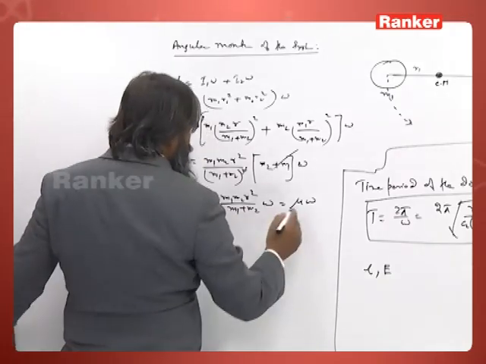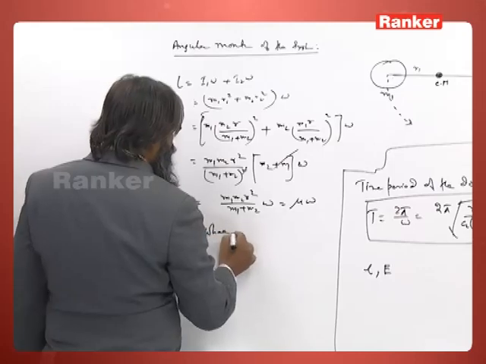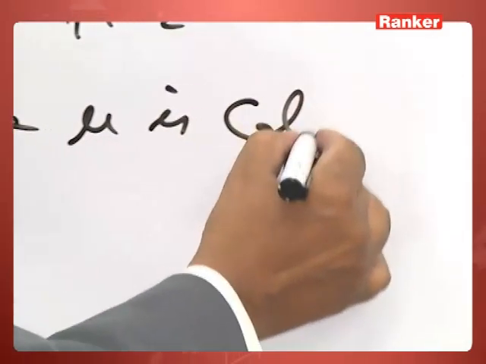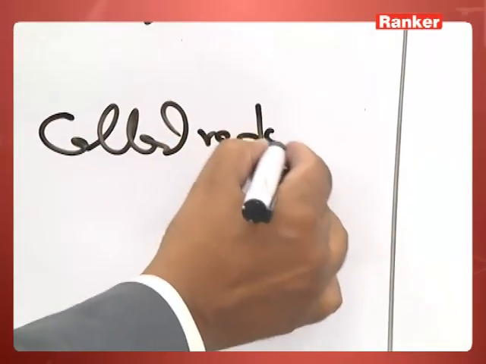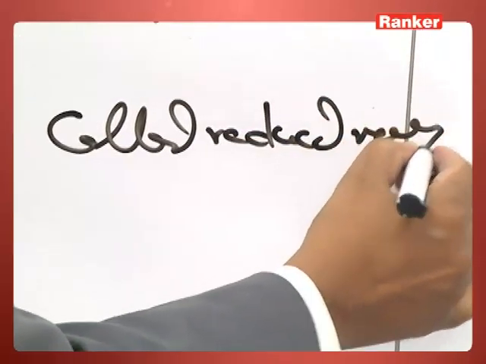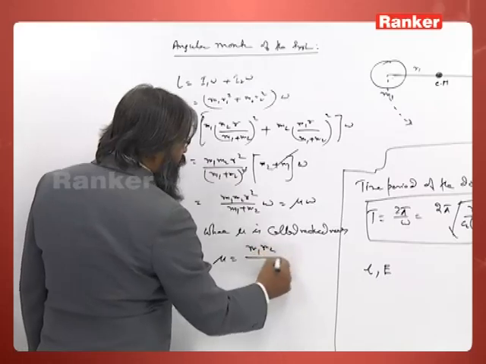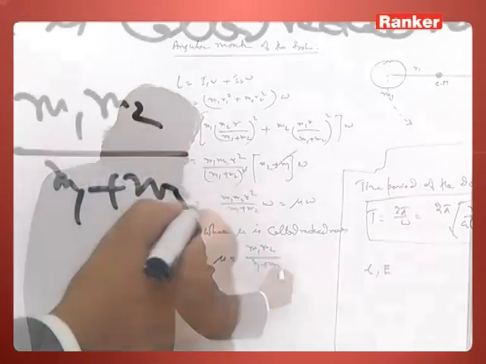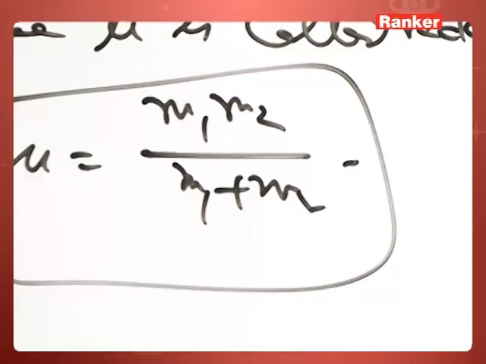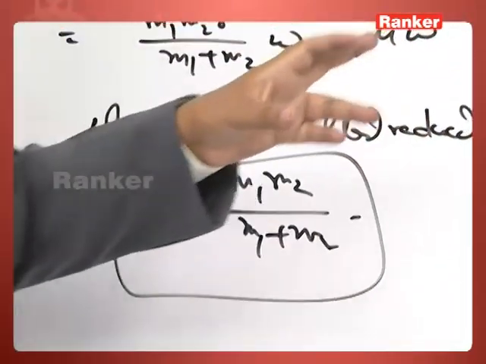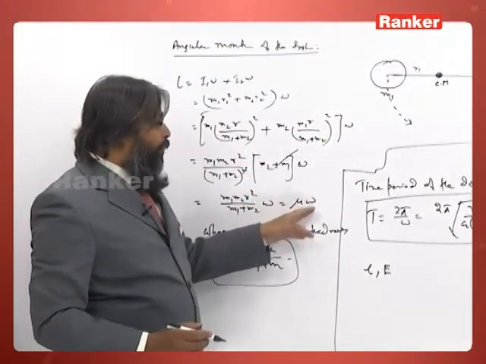where mu is called reduced mass. So mu is equal to m1 m2 by m1 plus m2. This is the angular momentum.